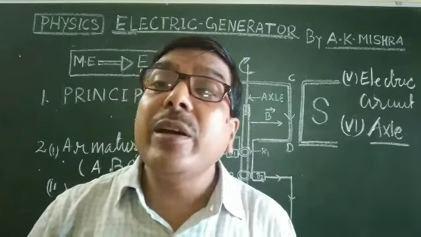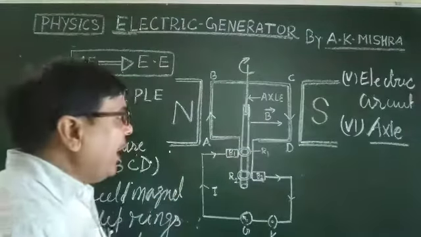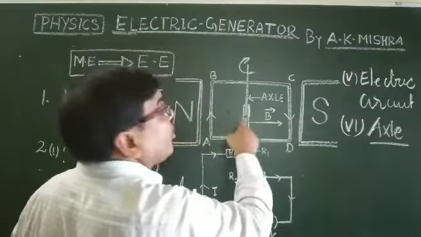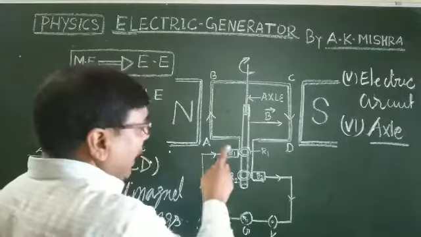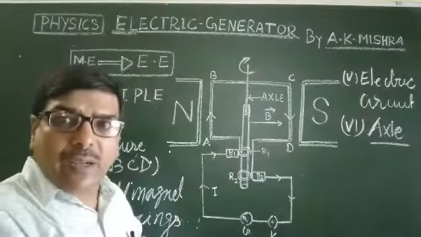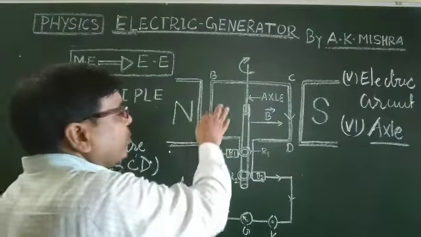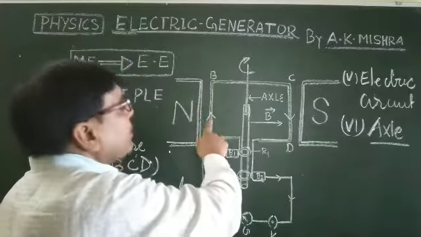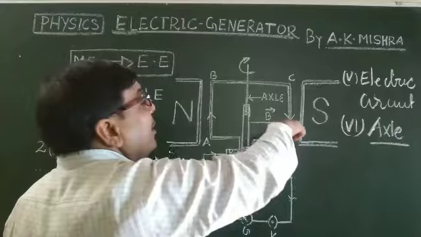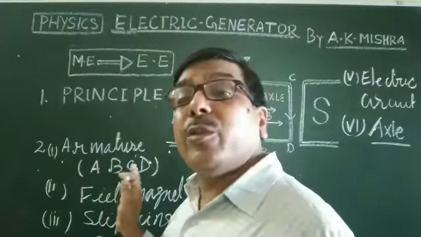The direction of B is from north to south, and the conductor, the rectangular coil, is rotated anti-clockwise. Then the current moves along AB and returns through CD, thus induced current is produced.